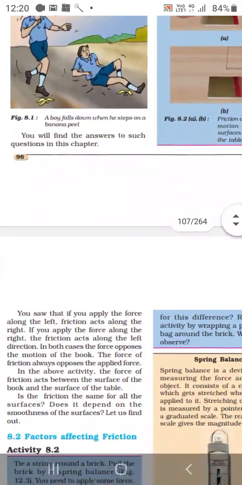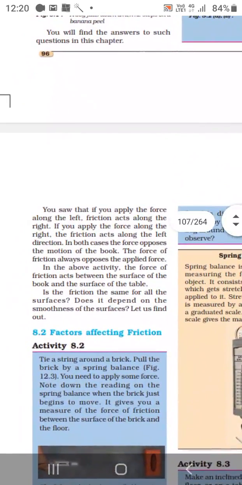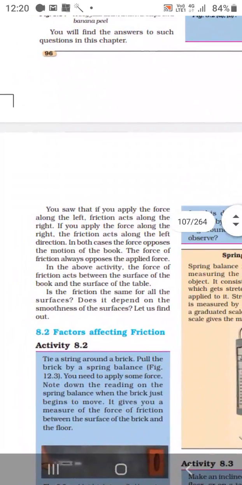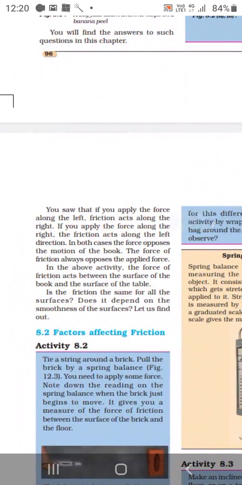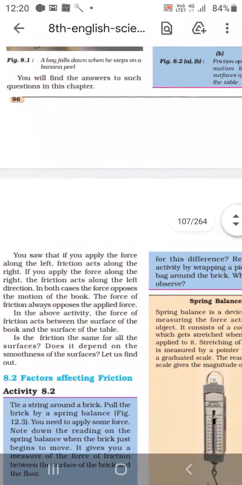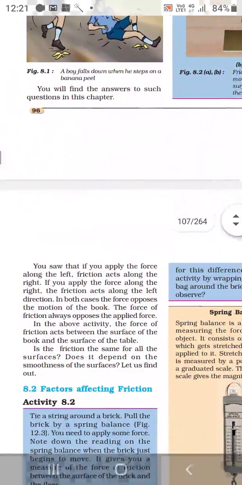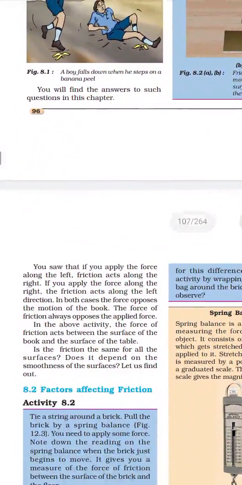You saw that if you apply the force along the left, friction acts along the right. Apply the force across. These all things happen due to a force called frictional force.